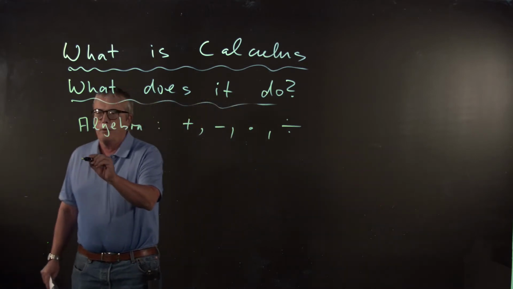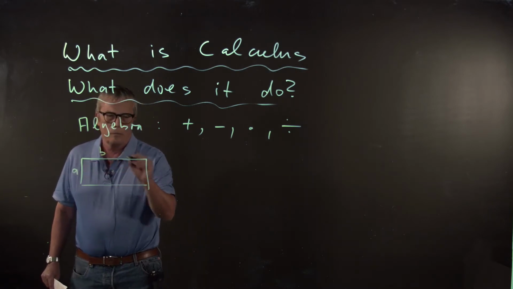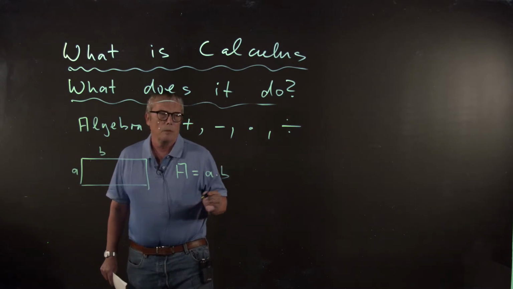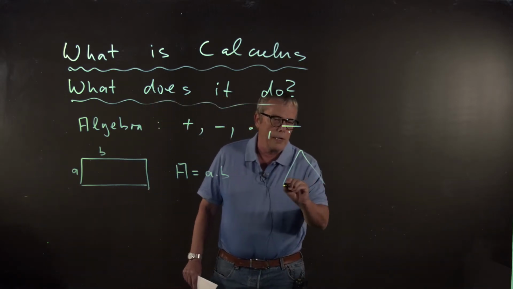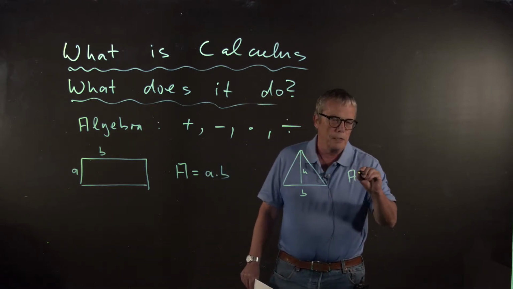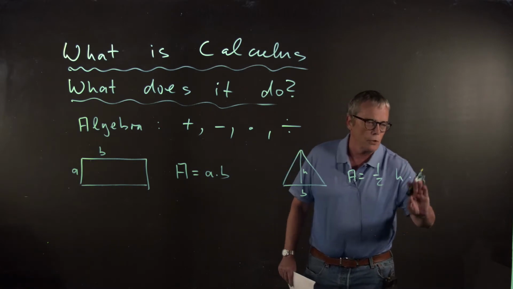It's, for example, the area of a rectangle, A times B. The area of a triangle, if the base is B and this is the height, the area is 1/2 of the height times the base.